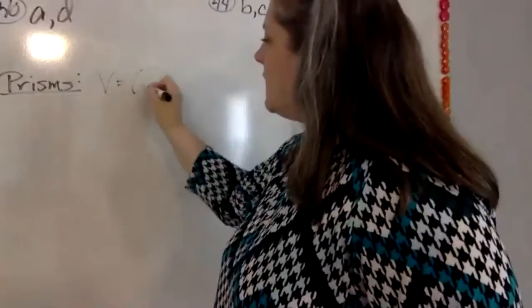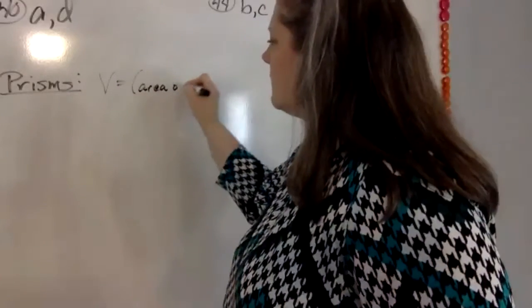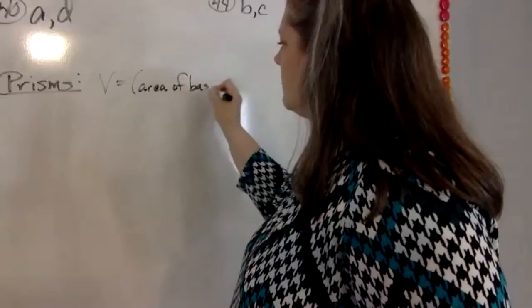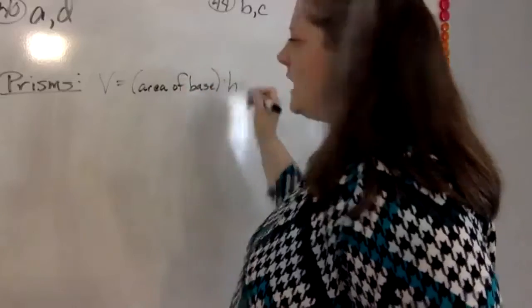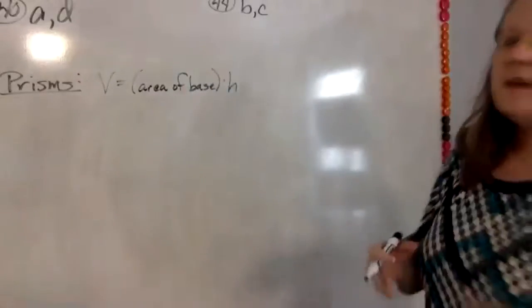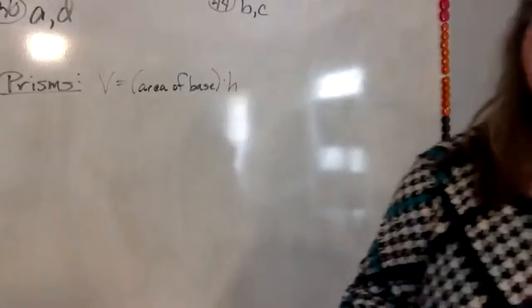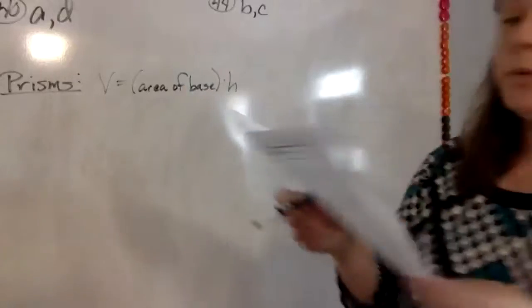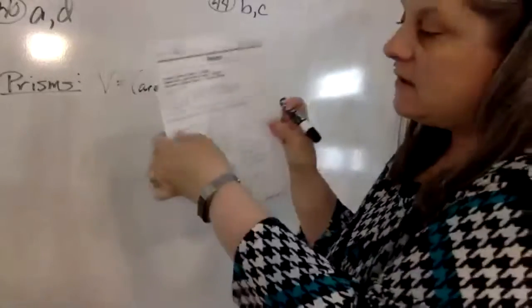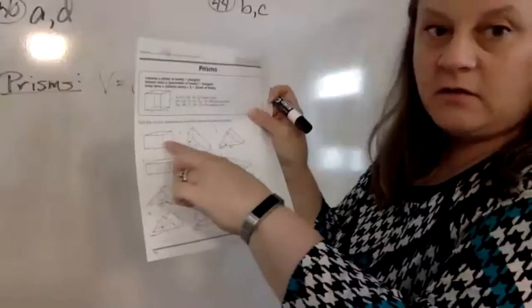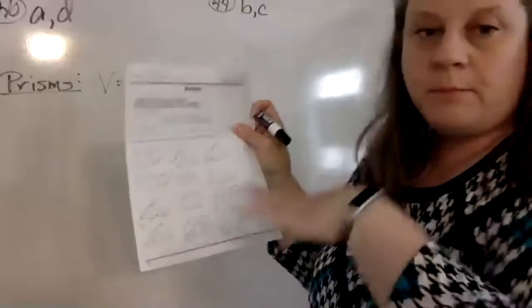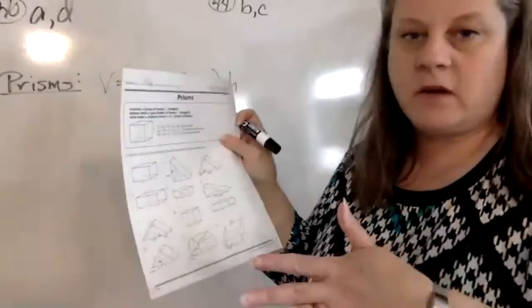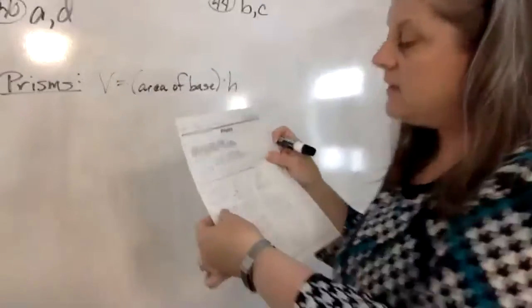So it told you on the top of your worksheet for volume, it's the area of the base times the height of the prism. Okay, now most of these I told you were rectangular prisms. The base shape is a rectangle. It's the part that the box is sitting on, basically. That's your base.